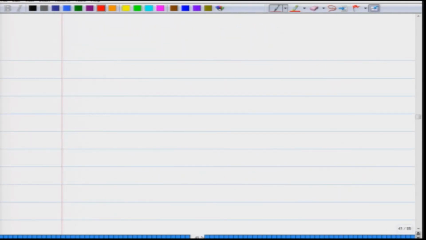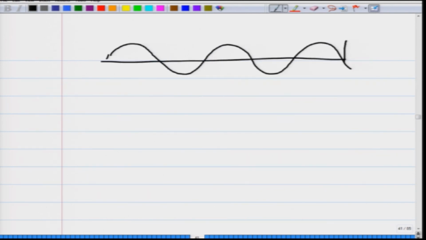So, now if I take a standing light wave so that this is its electric field E x, obviously it oscillates back and forth.